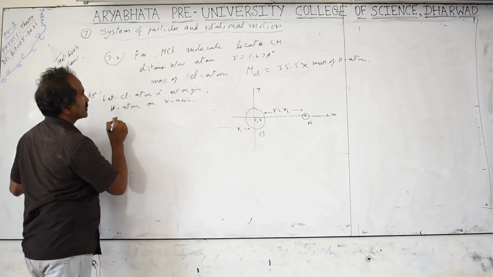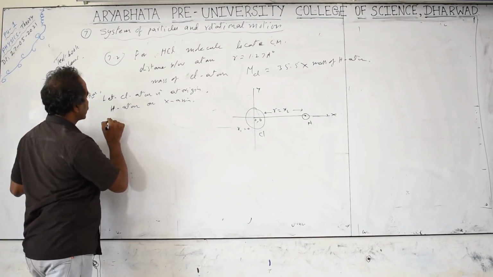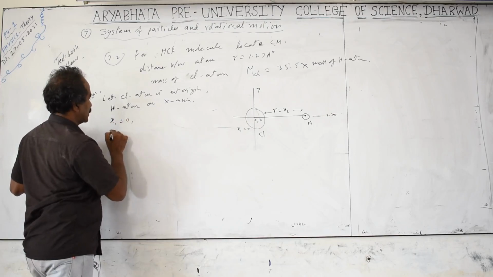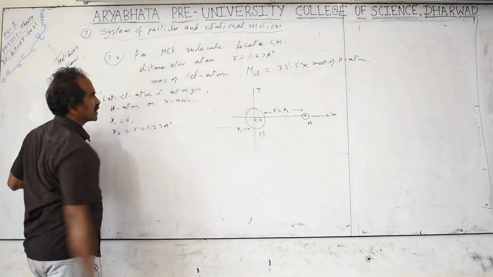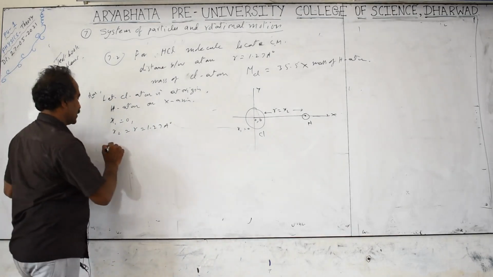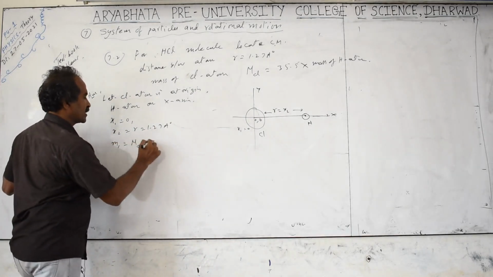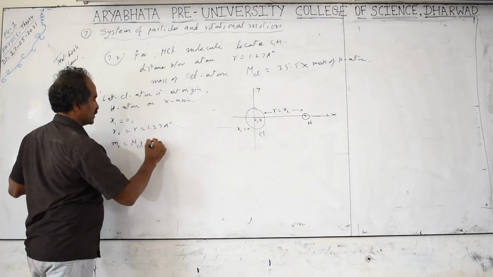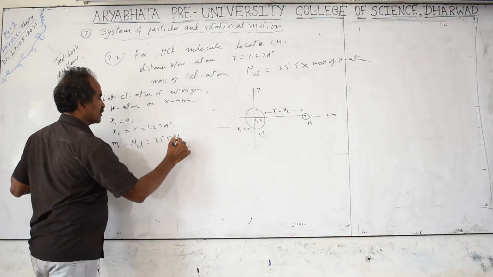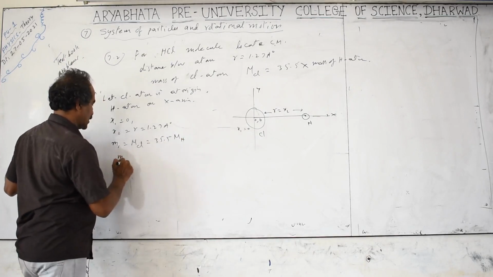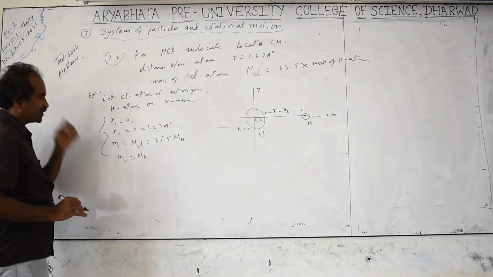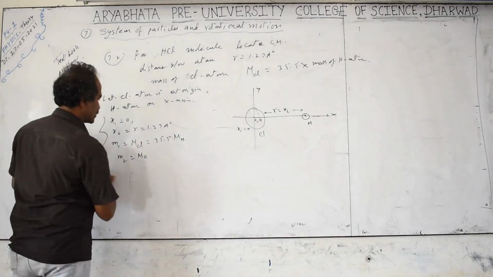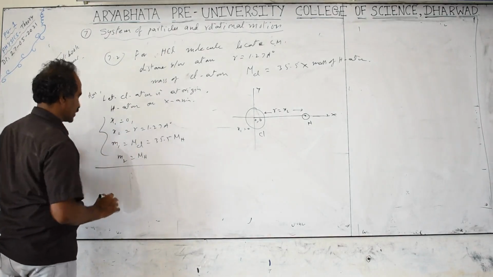What is the data given for us? x1 equal to 0 and x2 is equal to R, 1.27 angstroms. The result is also in angstroms. Mass m1 is the mass of chlorine, which is 35.5 times the mass of hydrogen. m2 is the mass of hydrogen. Taking m1 and m2 is not compulsory, that is only for the general formula, I have written it; not necessary. You can take MCl, MH only.